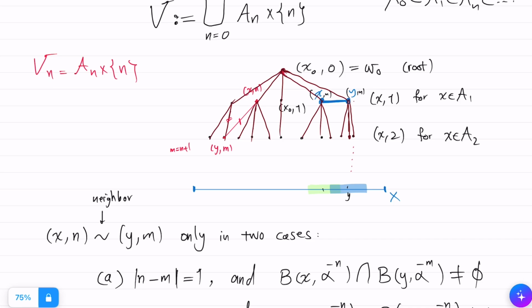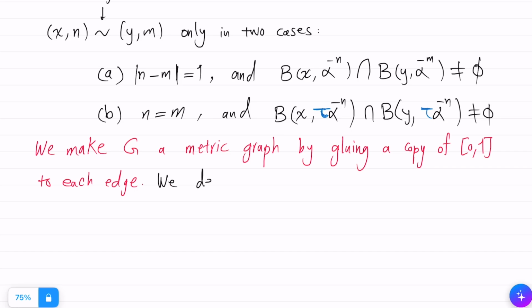My pictures will always necessarily have to get shorter and shorter, but keep in mind that even when I draw it this long, it's just a copy of [0, 1]. Later again, we will indeed play with these distances and kind of make them actually shorter, but we are not there yet.